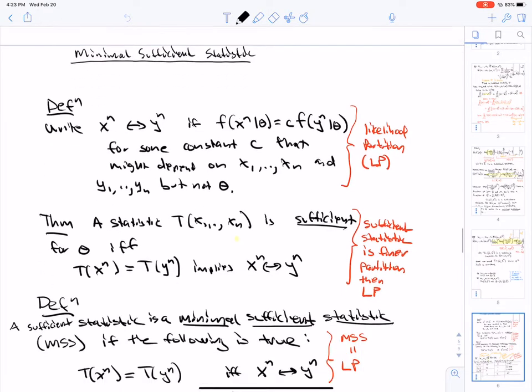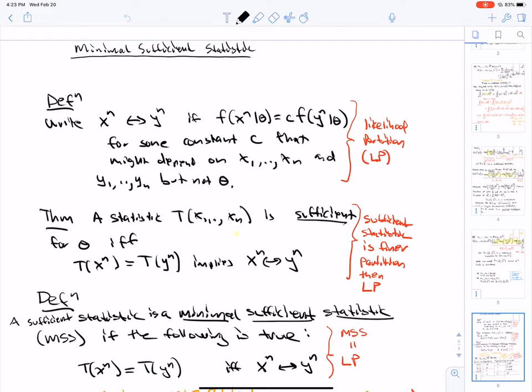So let's talk about minimal sufficient statistics. Here, partitioning is going to be a very important idea. We're going to partition our outcome space. So first we're going to define a likelihood partition. This is a partition of your outcome space given by the likelihood.